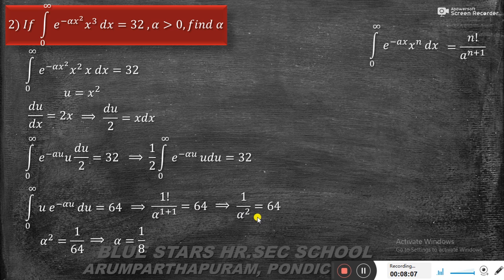Just next step, now cross multiply, I take the reciprocal, alpha square equal to 1 by 64. So therefore alpha equal to square root of 1 by 64, which is 1 by 8, therefore the alpha value is 1 by 8. This is the answer for alpha.